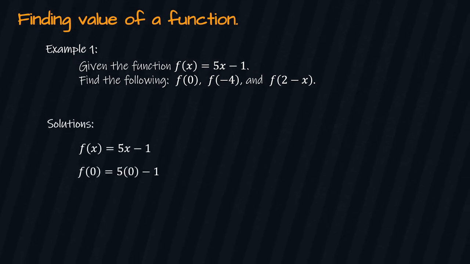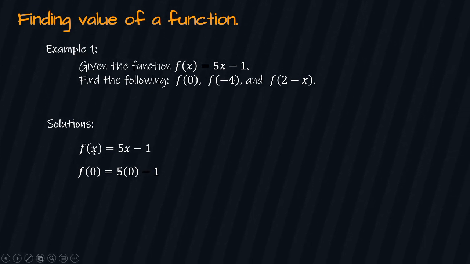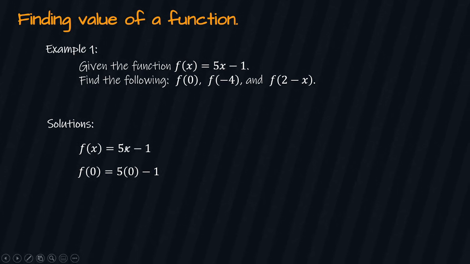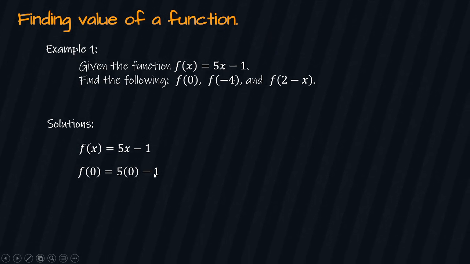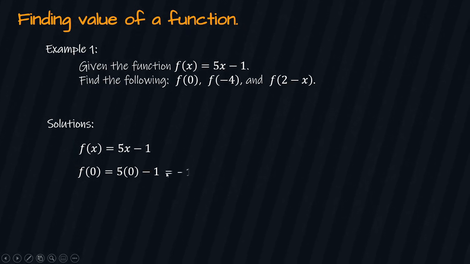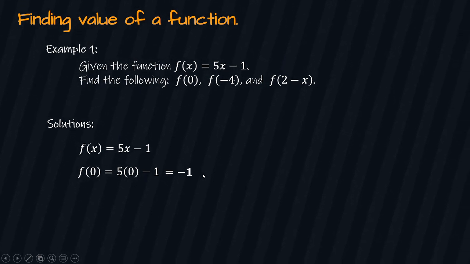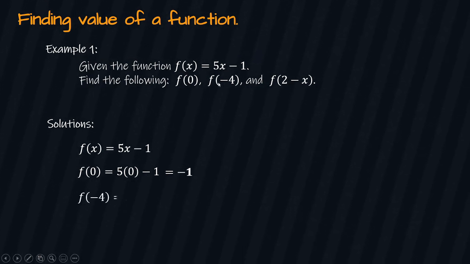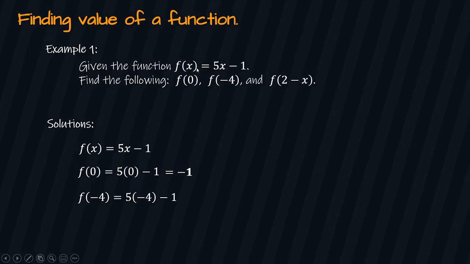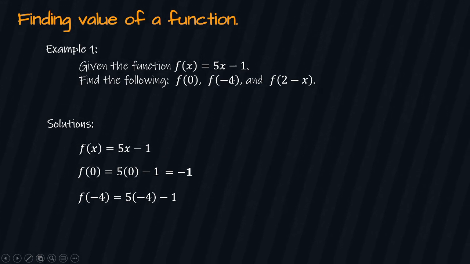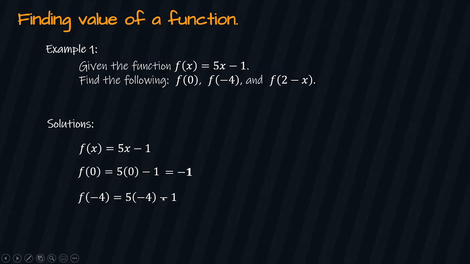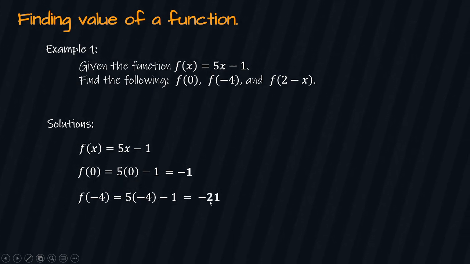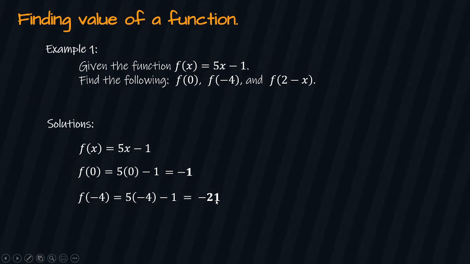For f(0), we substitute x with 0. So we have 5 times 0 minus 1, that is -1. For f(-4), again we substitute the value of x with -4. So we have 5 times -4 minus 1, that is equal to -21.